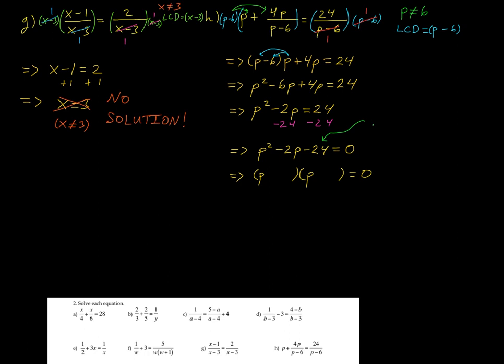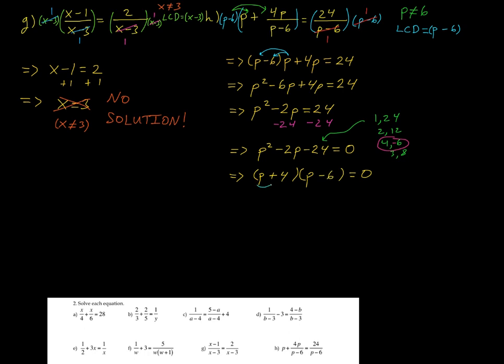So I'm thinking, well, it could be 1 and 24, there could be 2 and 12, there could be 4 and 6, there could be 3 and 8. Okay. So out of these pairs, to build a -2 for the middle term, I could do that with this pair if I make the 6 a negative and the 4 a positive. And so in other words, my factorization there would be p plus 4 and p minus 6.